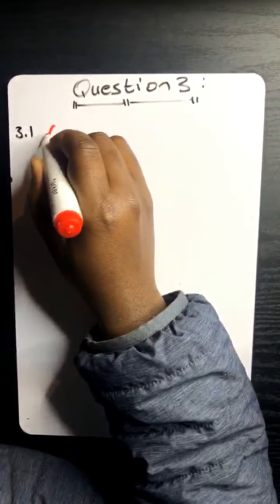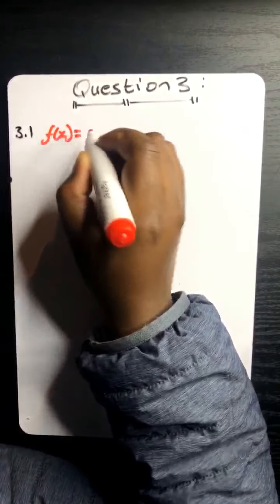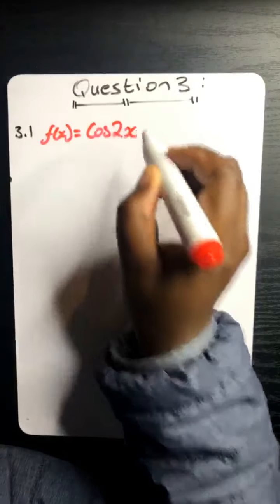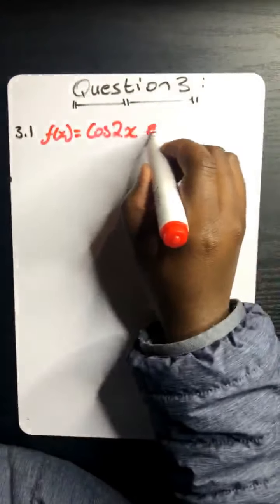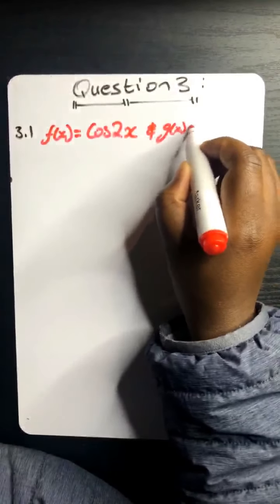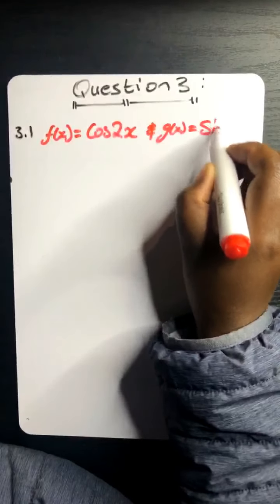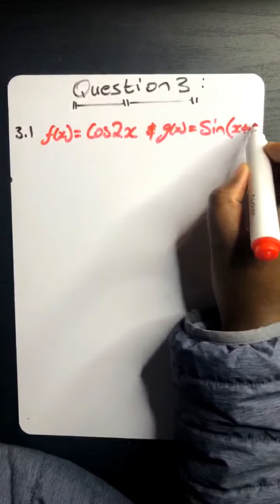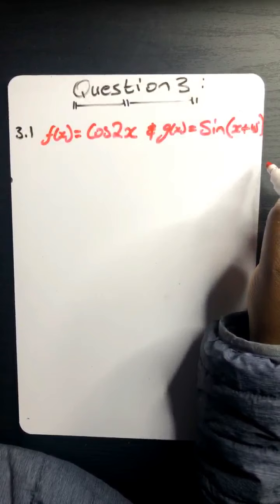So these are the functions we are given: f of x equals cos of 2x, and g of x equals sine of x plus 45 degrees.